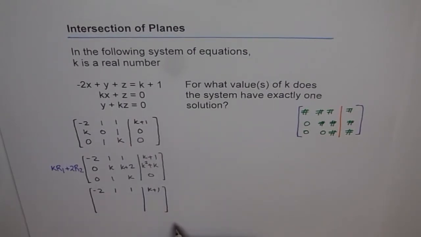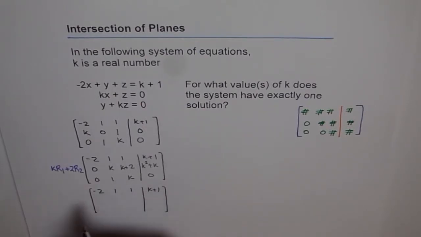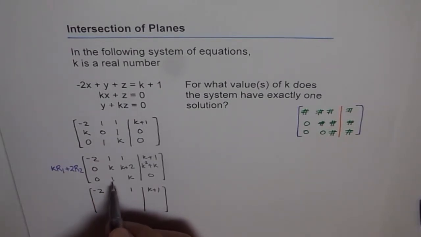So now we want 0 here, so we can use R2 and R3 also, because to get this 0, what we will do is, we can multiply this by minus k and then add this up.